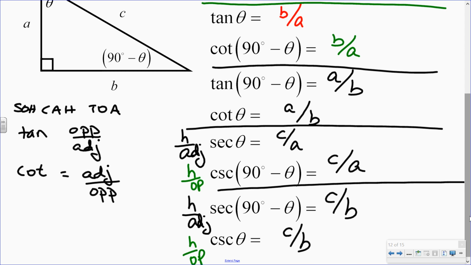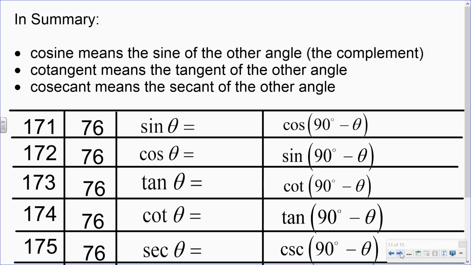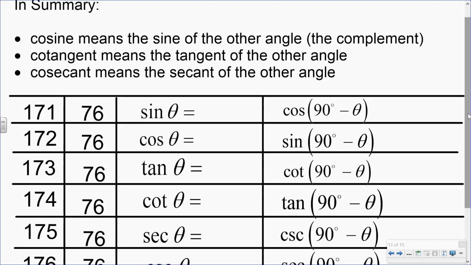So what we have from this is that sine and cosine of complementary angles are equal to each other. So if I have cosine of 90 minus theta in a proof, I can change it to its cofunction sine as long as I change the angle to its complement. And the same thing all the way down the list.